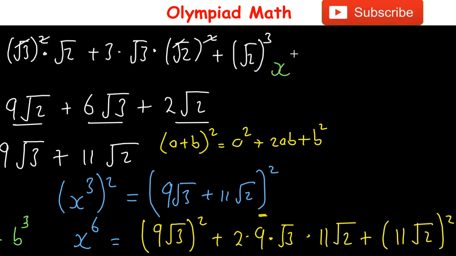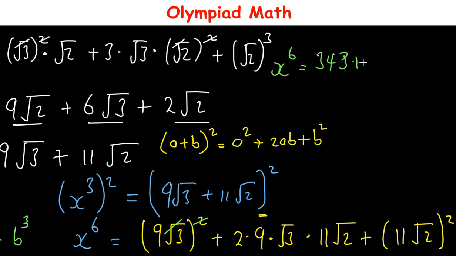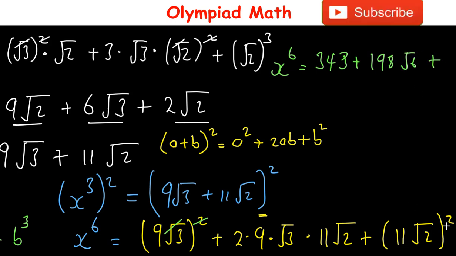So x raised to power 6 equals 9 squared is 81. 81, the square and square root cancel, we have 81 times 3 is equal to 343. Then we have plus 2 times 9 times square root of 3 times 11 times square root of 2, which is equal to 198 times square root of 6, plus, so 11 squared is 121.